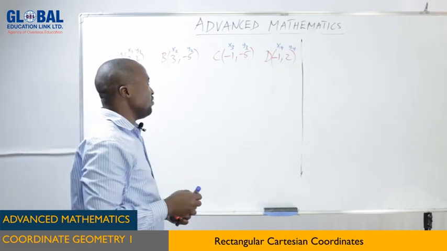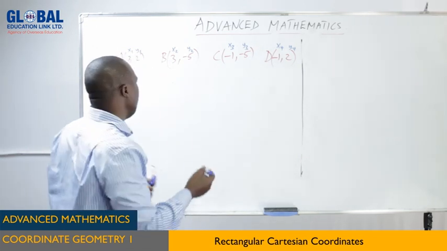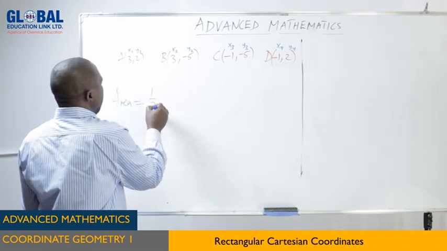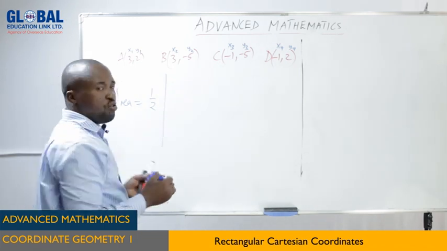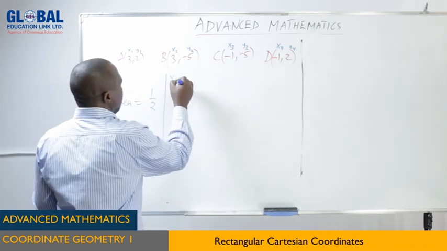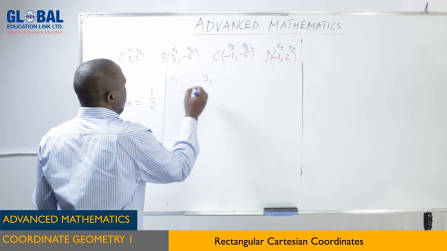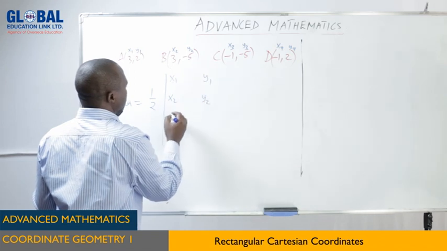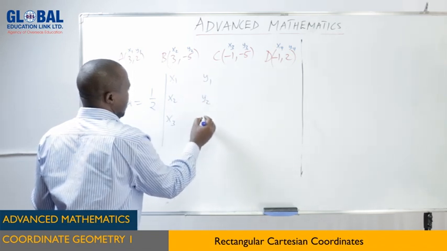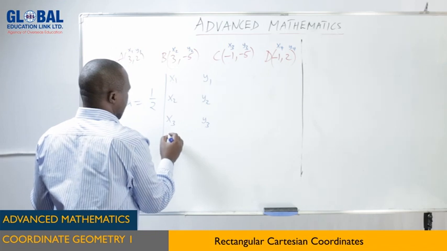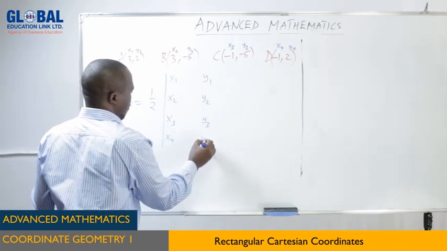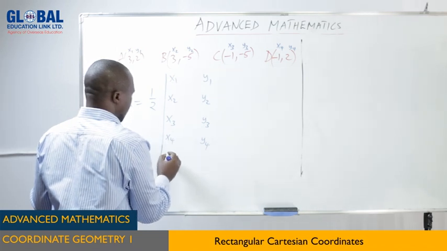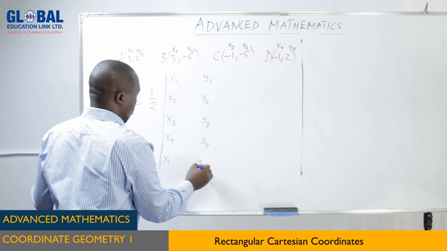So our general formula for finding the area of a rectangle is given by area is equal to a half determinant of x1, y1, x2, y2, x3, y3, x4, y4, and remember we repeat the first coordinate, that is x1, y1.